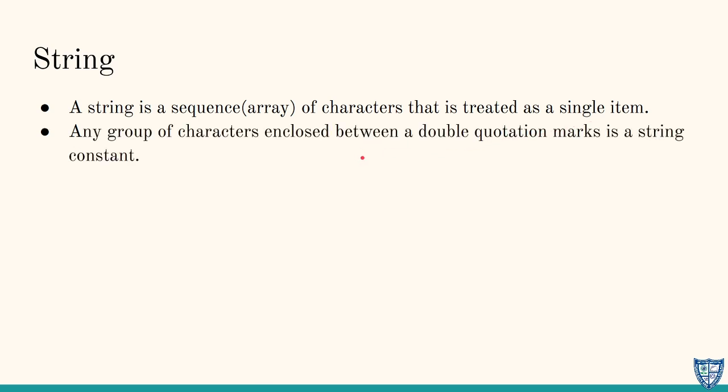Any group of characters enclosed between a pair of double quotation marks is a string constant. We'll see some examples, but you just need to know a string is nothing but a group of characters enclosed between two double quotation marks. So that is a string constant.